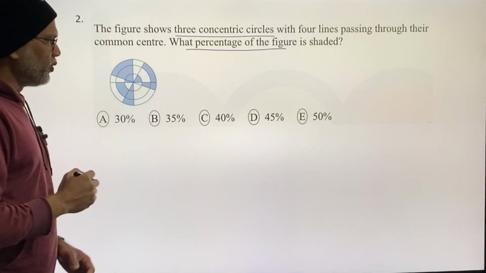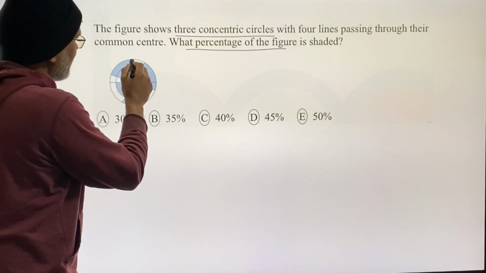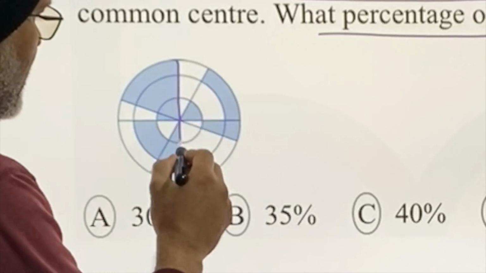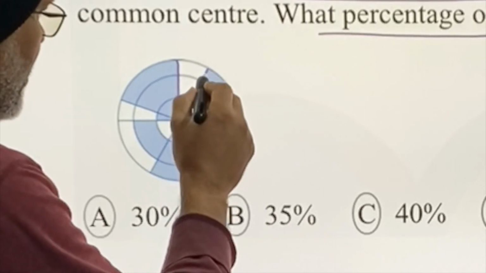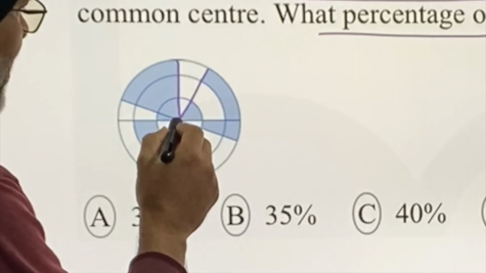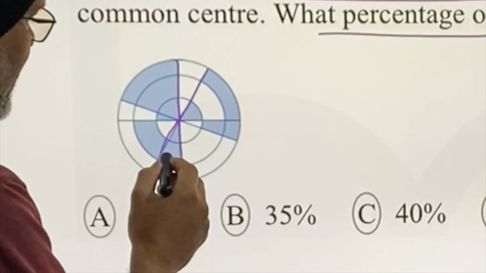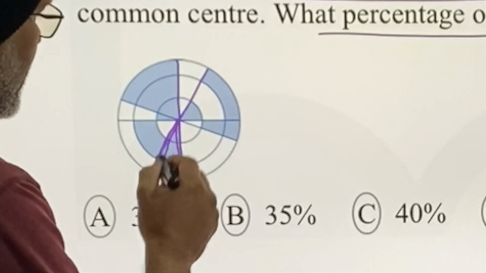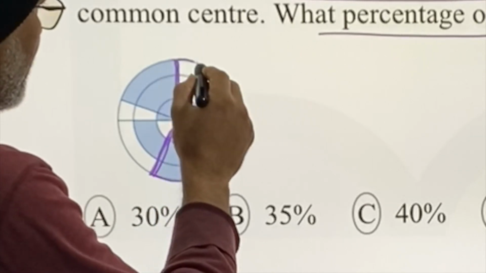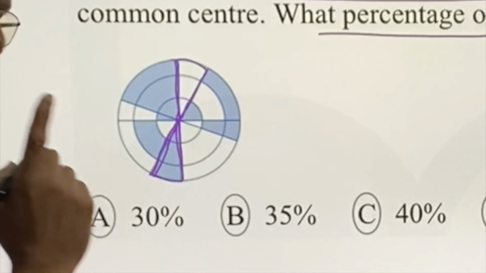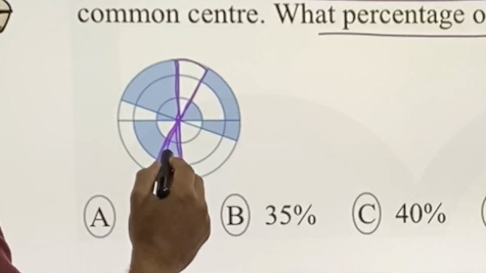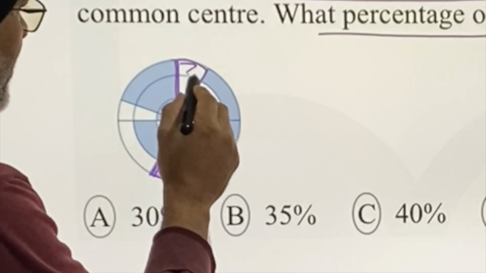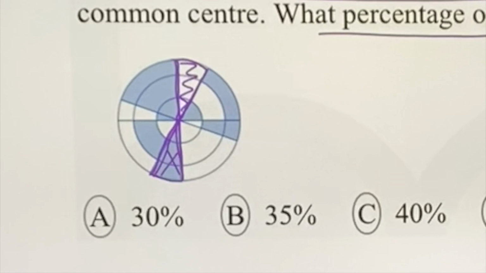But one thing we know is that if I take 2 lines, one like this and one like this, both passing through the center, then this area is going to be the same as this area. So I can get rid of this part of the area and bring it here instead.